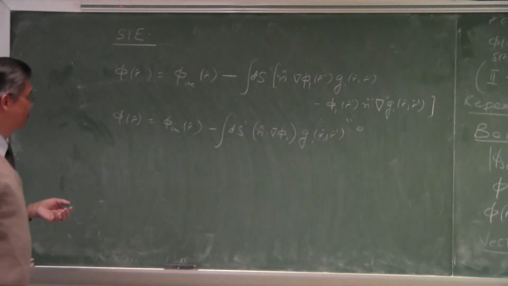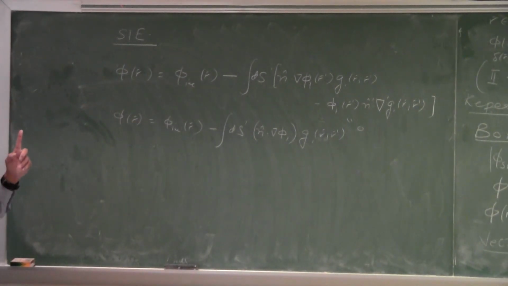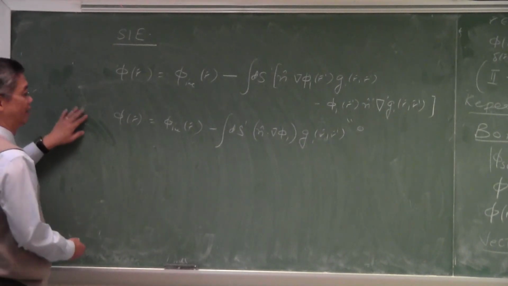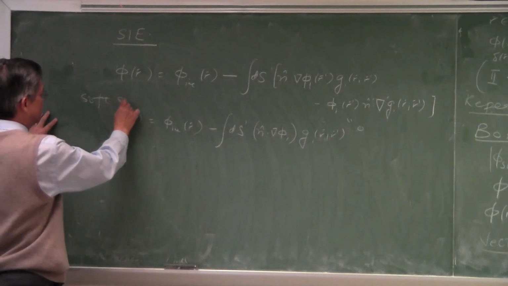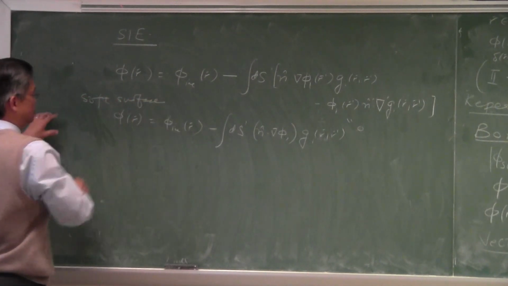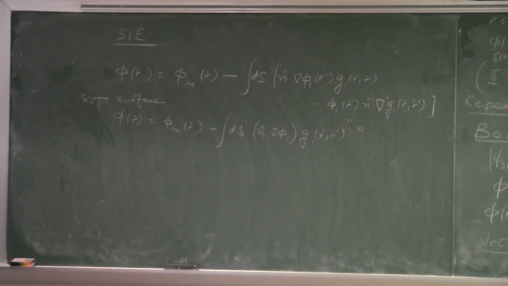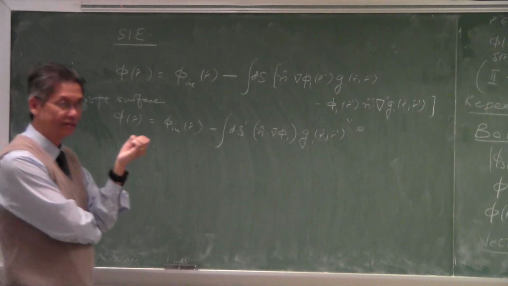So this is a very simple equation, just one set of unknowns now. This is for, say, a soft surface. P1 represents the potential, and P1 is 0 on a very soft surface.